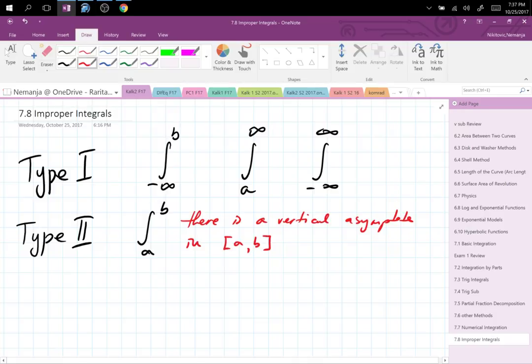And note that I have the square brackets, which means including a and b. So the vertical asymptote could be a, could be b, or anywhere in between. Now those, most of the time, create infinite area under the curve. And if you miss that as the engineer, whatever you're making is not going to be good.